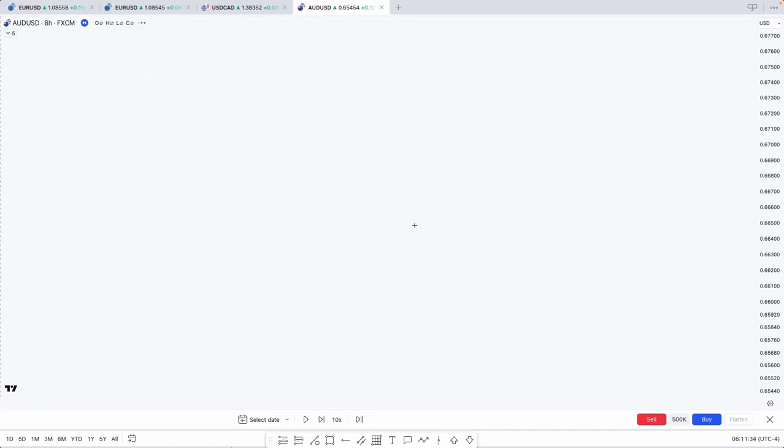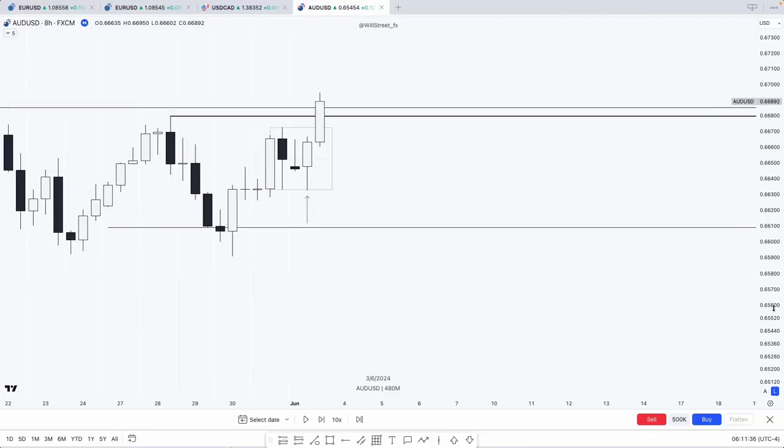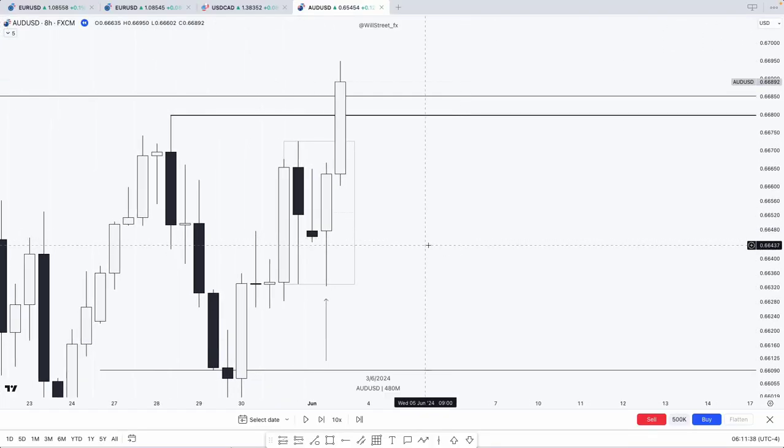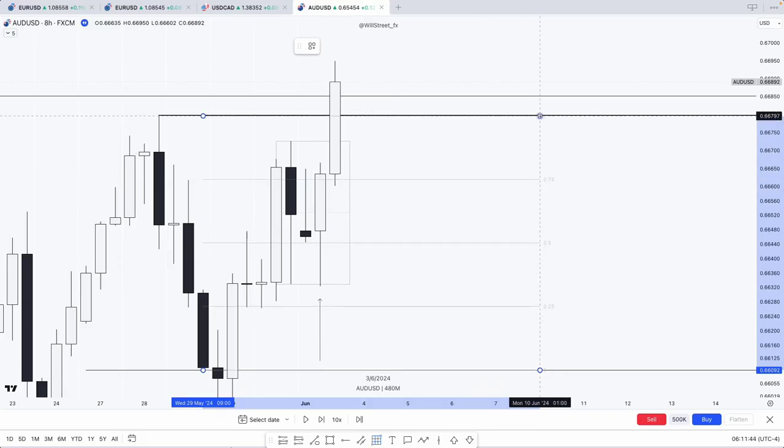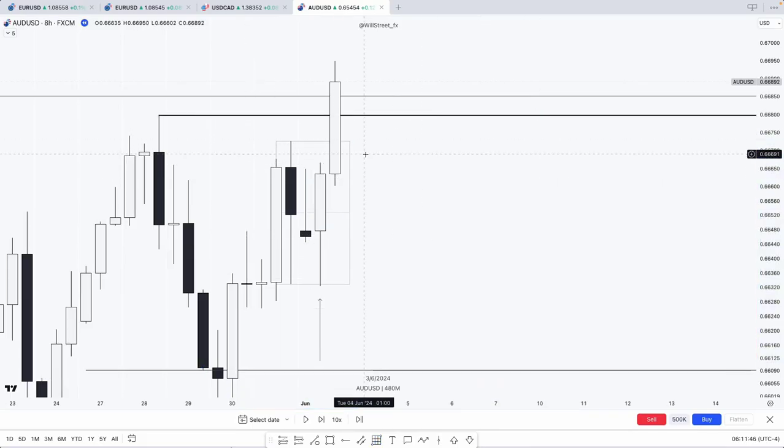So let's refine our entry with lower time frames. We see exactly the same here. Why does this candle fail? Remember, last quarter, as soon as a new range is created here, we don't need to complete this range, and we will use this one as our range to go to the liquidity.